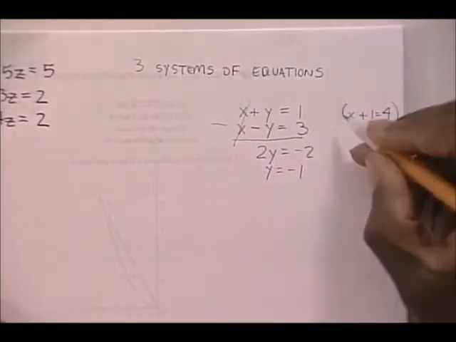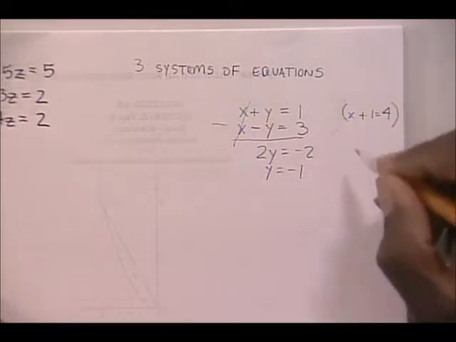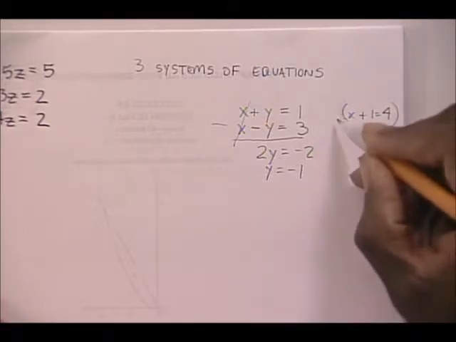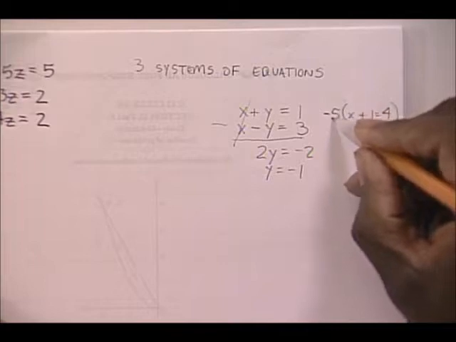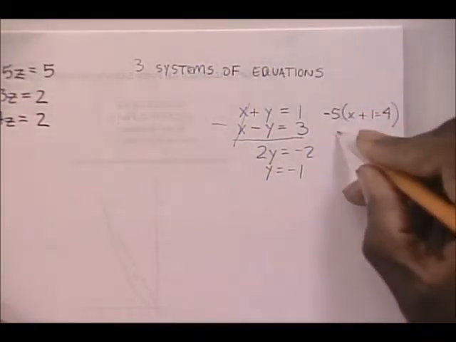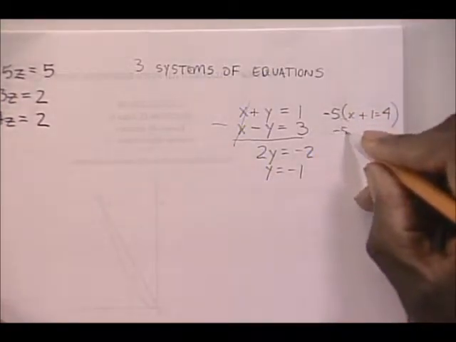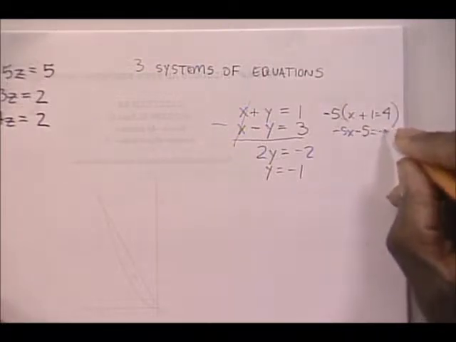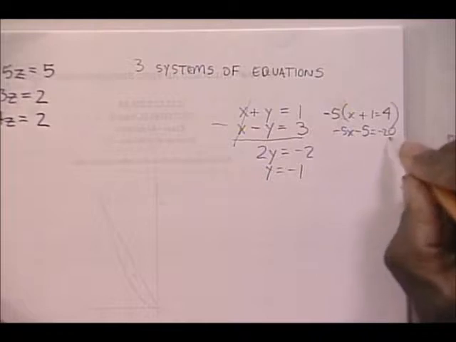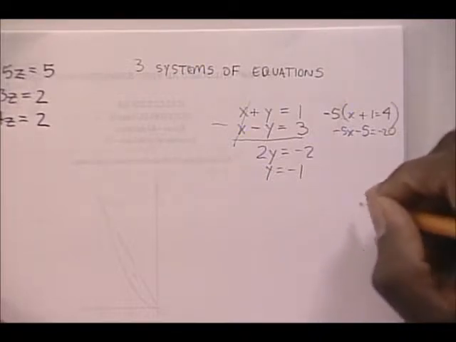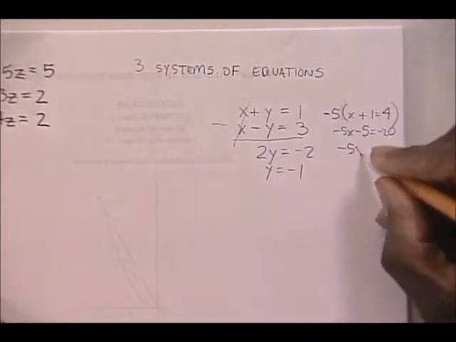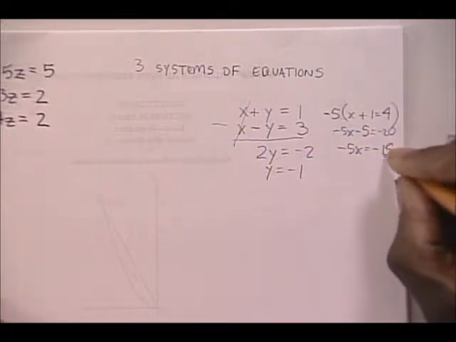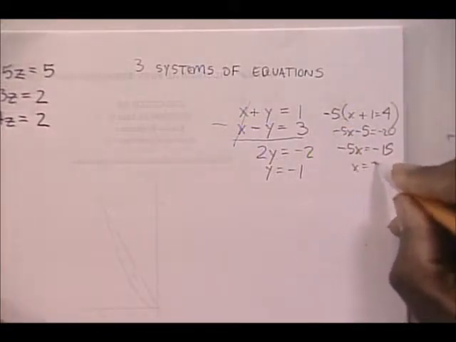But if you take this equation and multiply by, I'm just off the top of my head, let's multiply by negative 5. You multiply by negative 5, you get negative 5x minus 5 is equal to negative 20. You would add 5 to get negative 5x is equal to negative 15, and then you'd get x is 3.